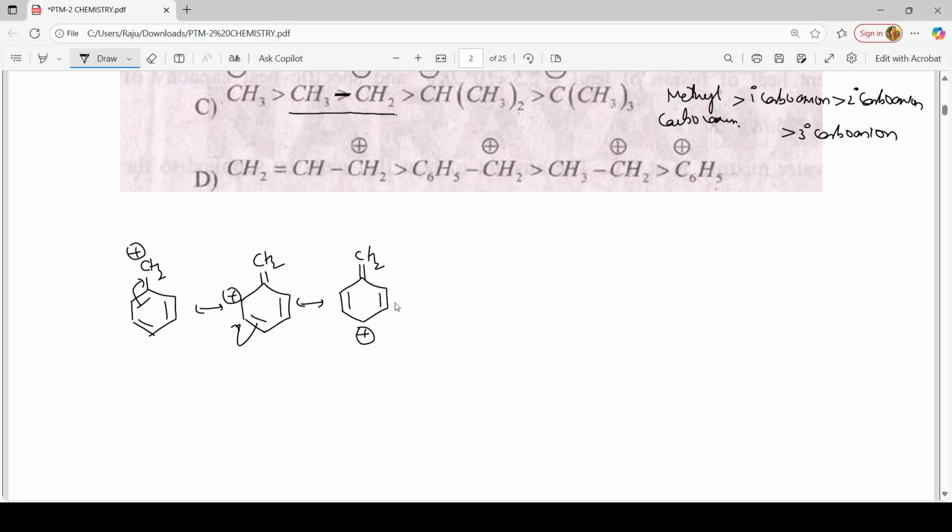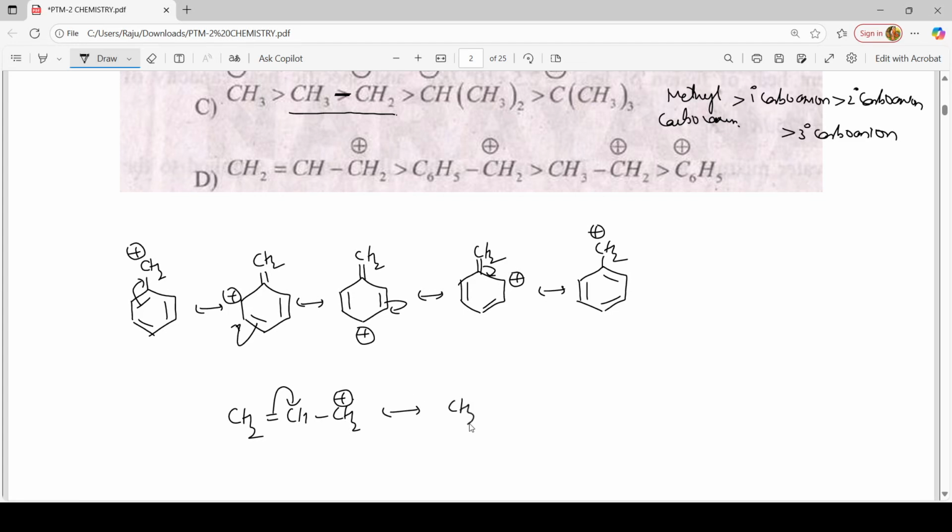If you see, these are all the possible resonating structures for the benzyl carbocation. But in the case of the allyl carbocation, there are very few resonating structures. So from this we can conclude this is the incorrect option, that is option D.